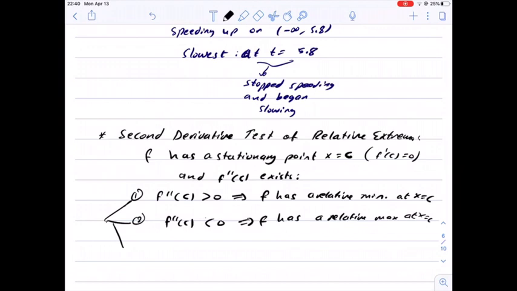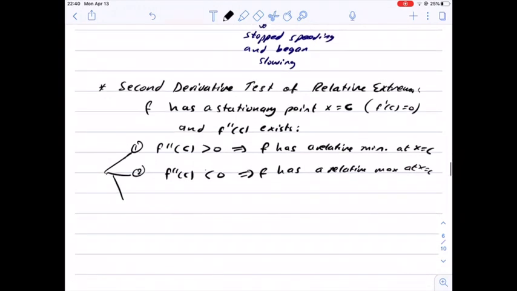And if it is less than 0, then it has a relative max. Now if the second derivative evaluated at C is equal to 0, then the test is inconclusive.